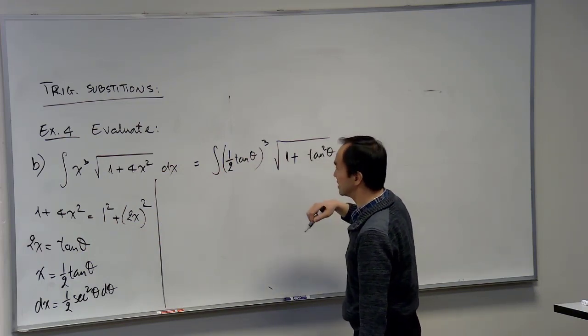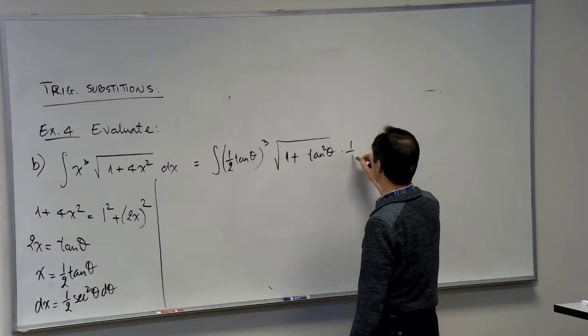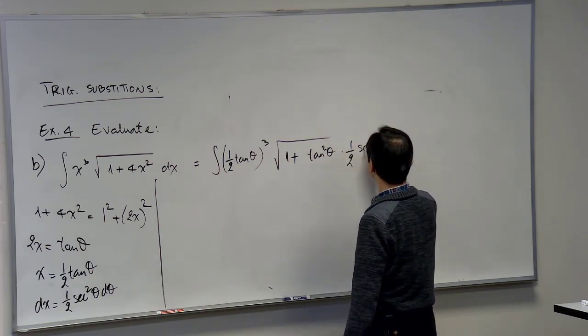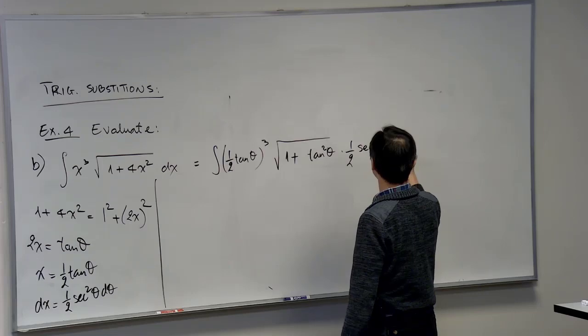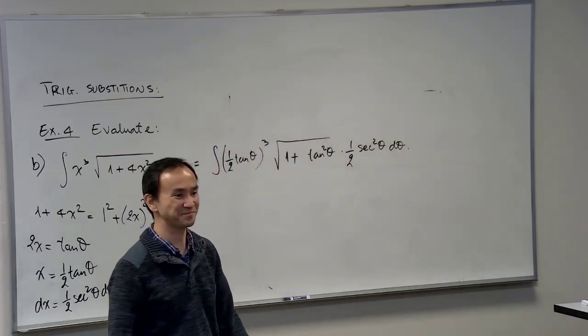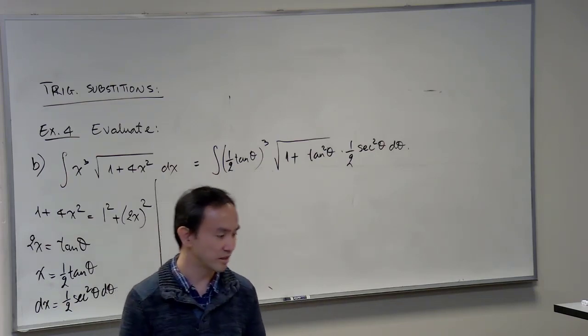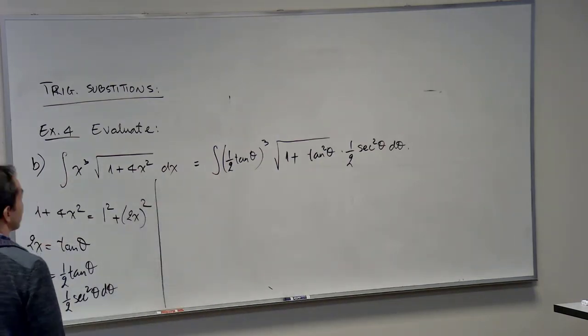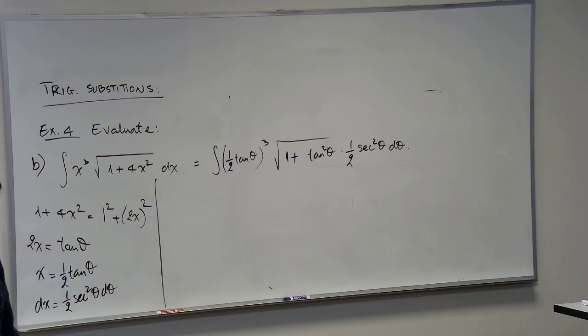And then the dx here is substituted by 1/2 secant squared theta d theta. Right, that's how the substitution falls out. So I'm putting it in place. Everybody doing okay with that so far?